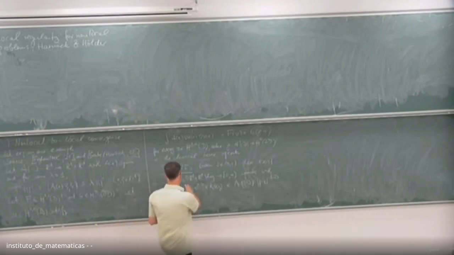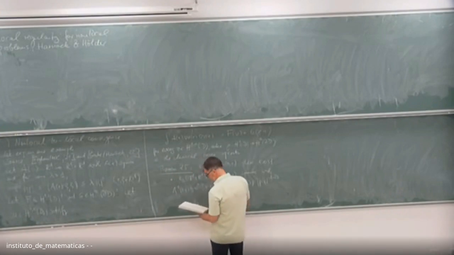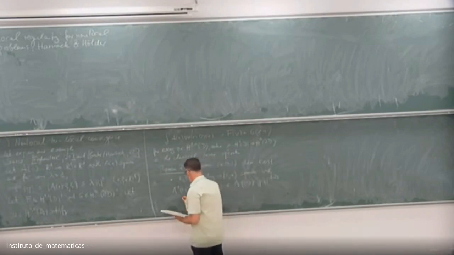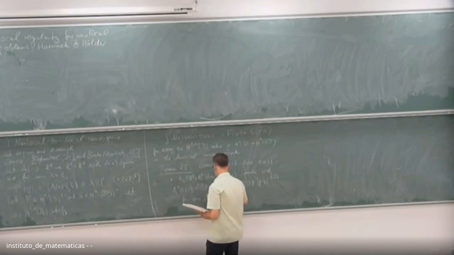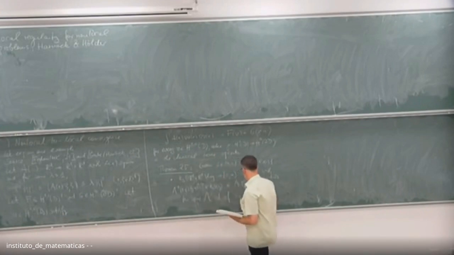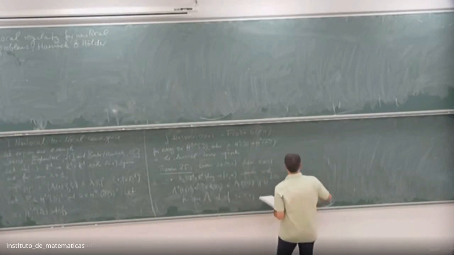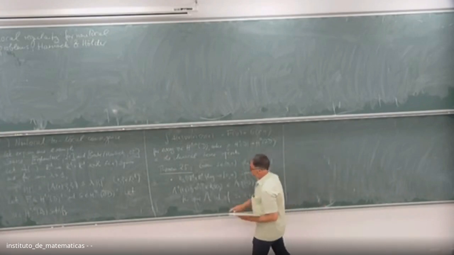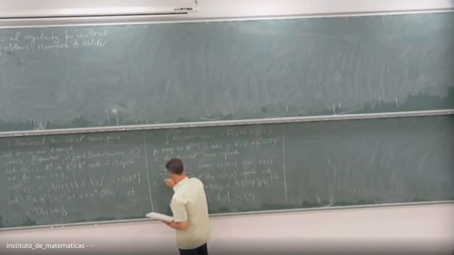So I claim there is K_s with this property for every s, for some lambda, for some capital Lambda independent of s. So let's say this exists.